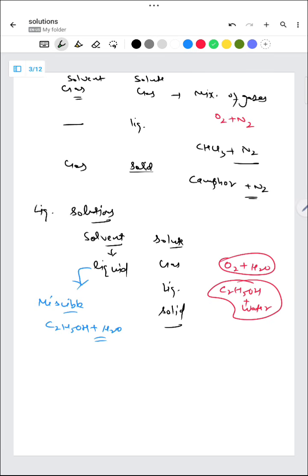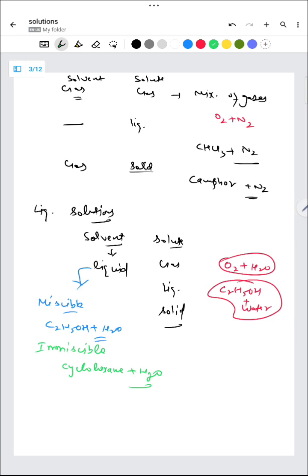So the solute and solvent will be completely miscible if both are of completely polar or completely non-polar nature, and if they are immiscible, then one will be polar and the other will be non-polar, like cyclohexane plus water.